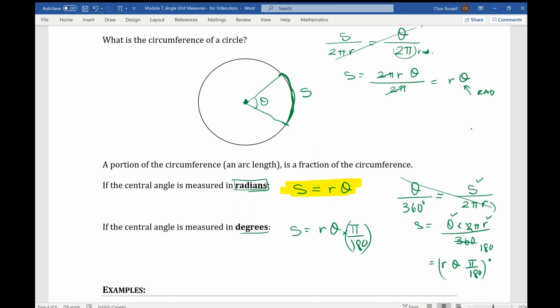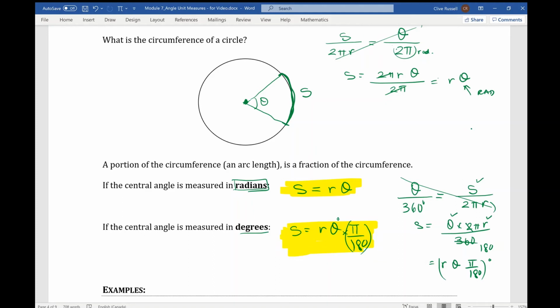And this will also give you your arc length if this is in degrees. Alright, so now we have two formulas. You wouldn't necessarily need to memorize them, you'll be able to look at your formula sheet, but if you could use either of these, it will be just fine. So we leave that for you to do.